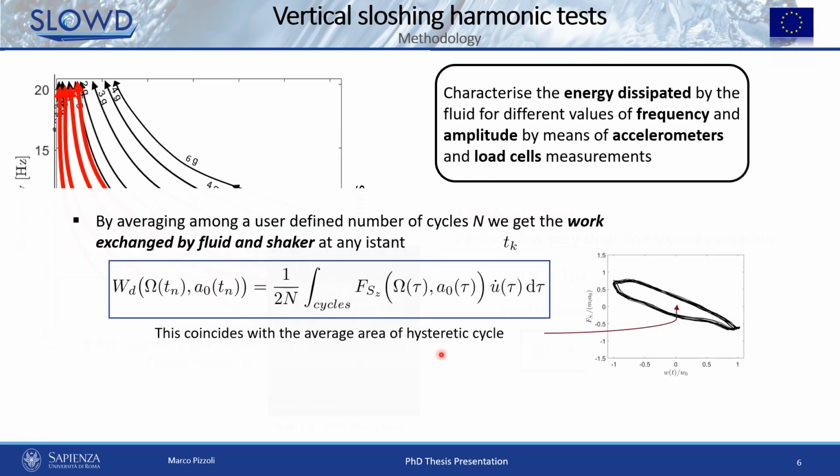This instead is the expression by which the work exchanged between liquid and shaker is calculated, and thus the energy dissipated by sloshing, where Fsz is precisely the force measured by the load cells, while U is the vertical motion imposed by the shaker.